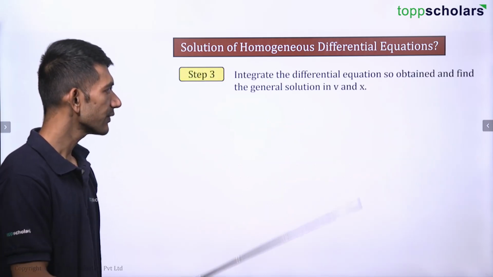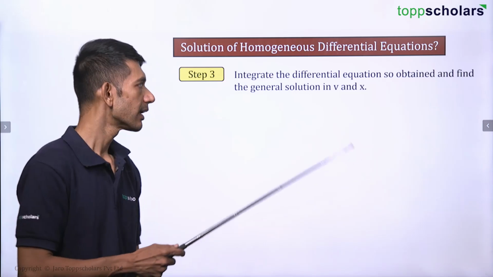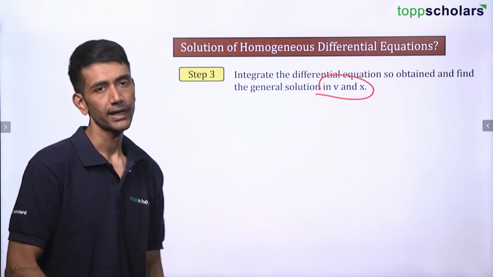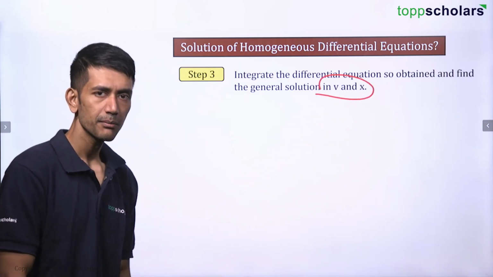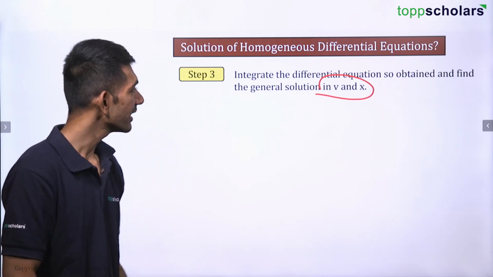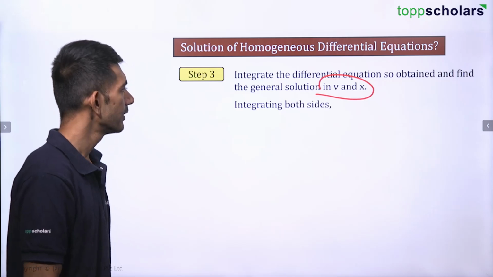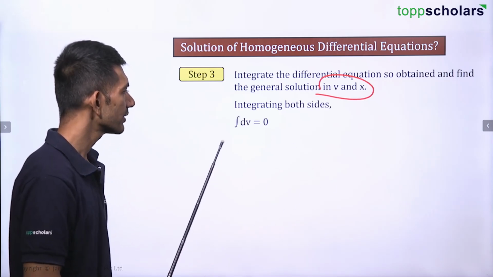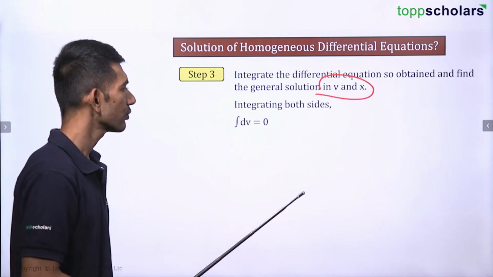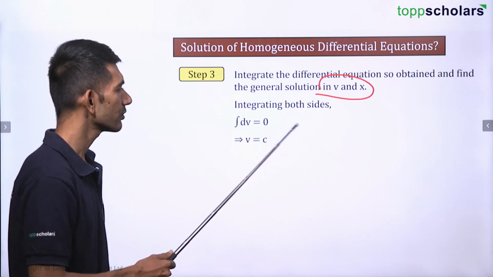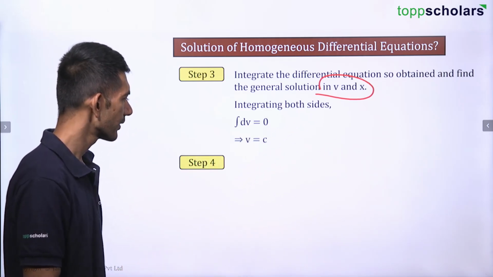The third step is we integrate the differential equation and find the general solution in v and x. We need to integrate and find out the general solution in v and x. After integrating on both sides, obviously the integration of dv is 0, so v = 0 + c, that is v = c.